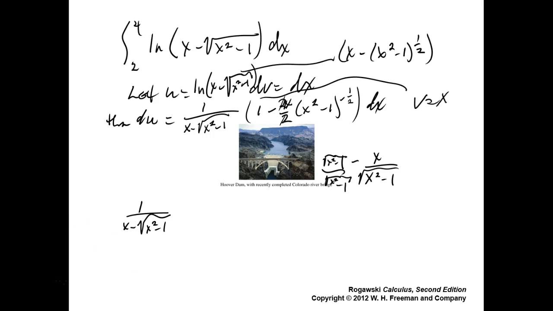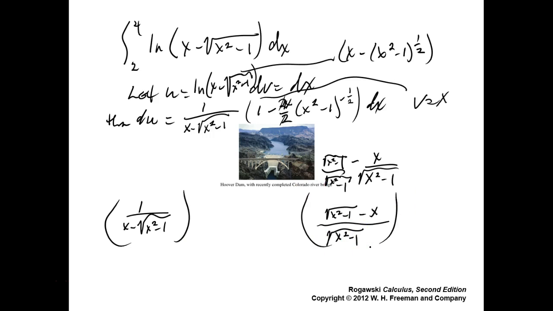Okay. Now, what that gives you is the square root of x squared minus 1 minus x over the square root of x squared minus 1. Okay? And that's what's multiplied by that. Right?